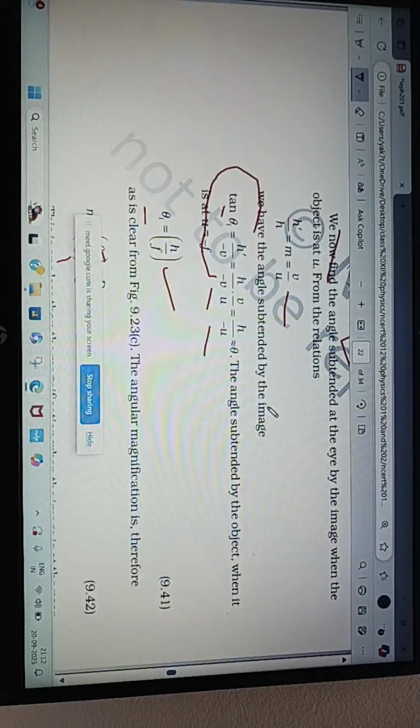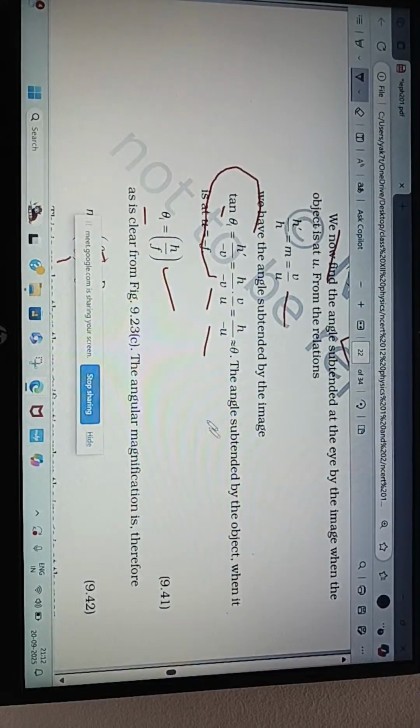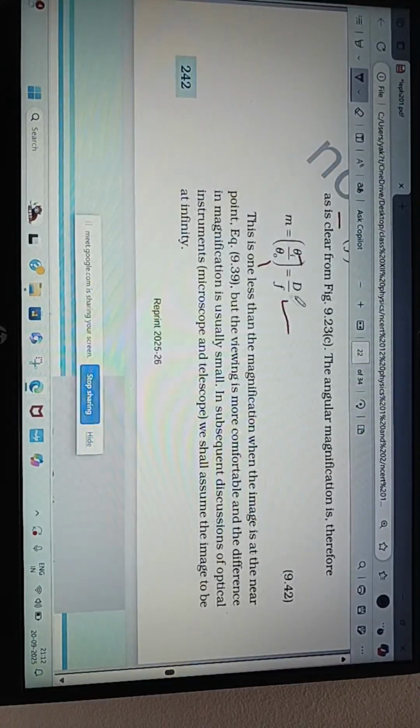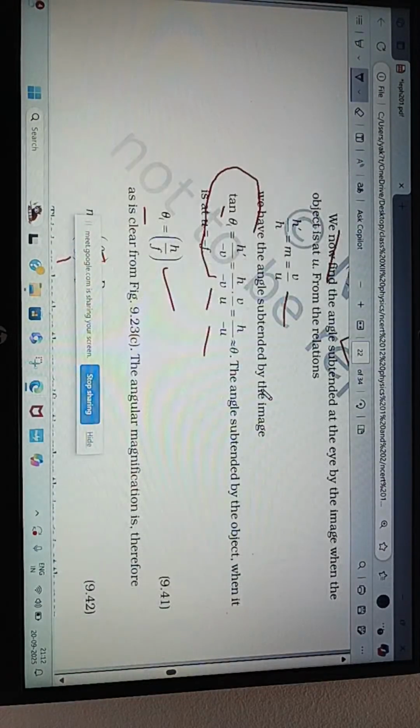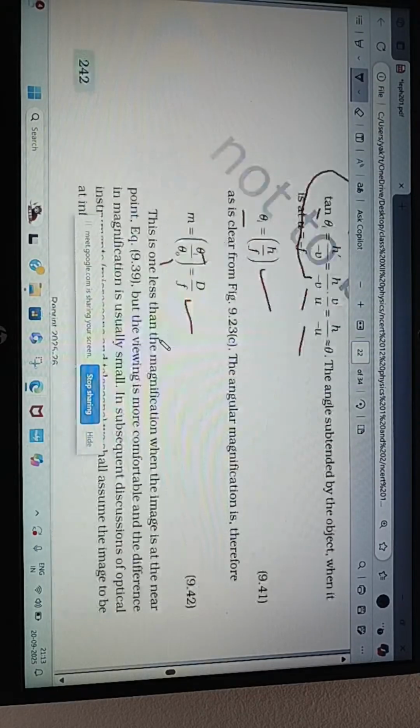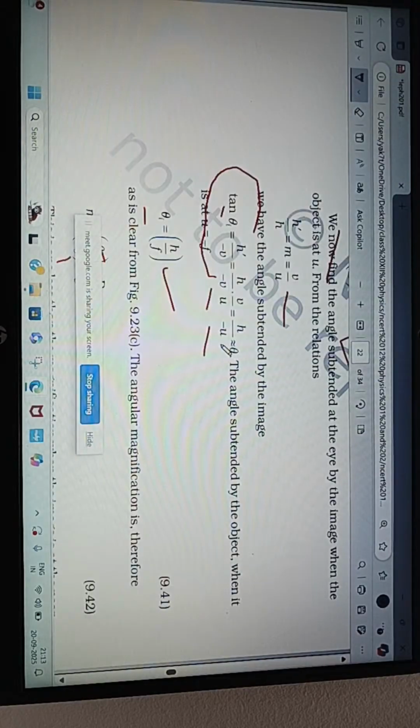Second is angular magnification. The angular magnification formula is theta I upon theta 0. Theta I is how much? h by minus u. Theta I is h by f. How has this h by f come?